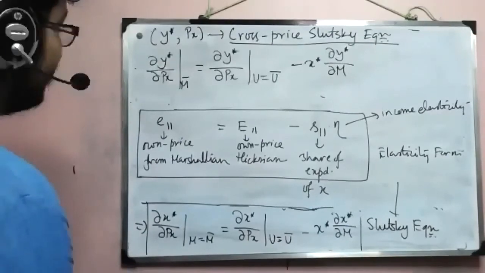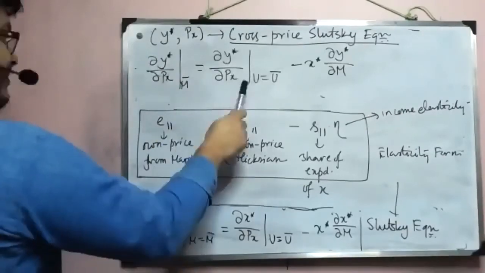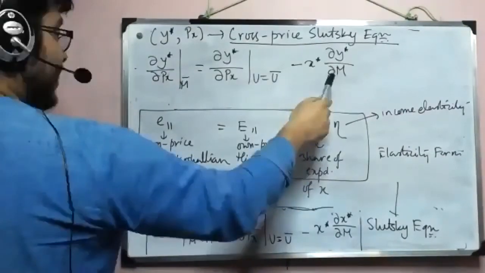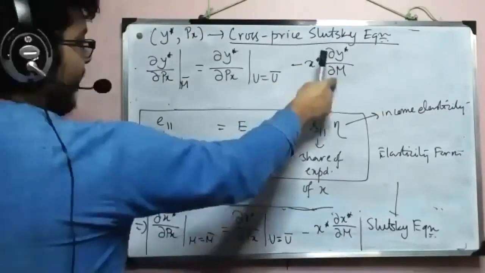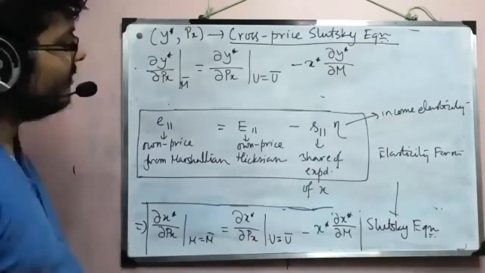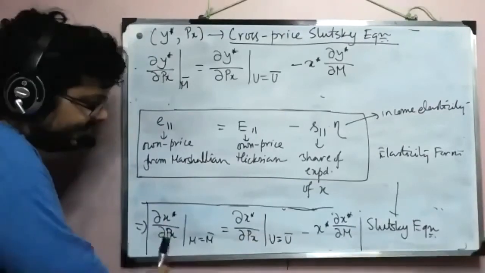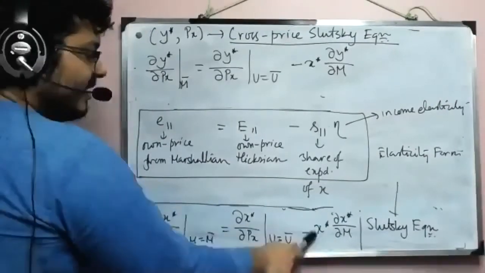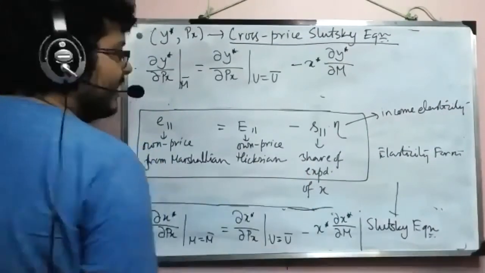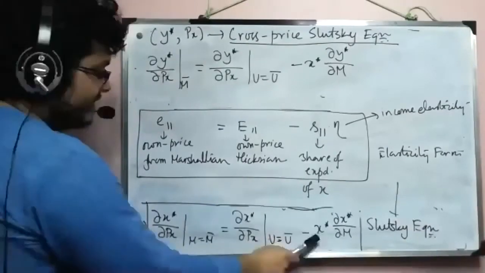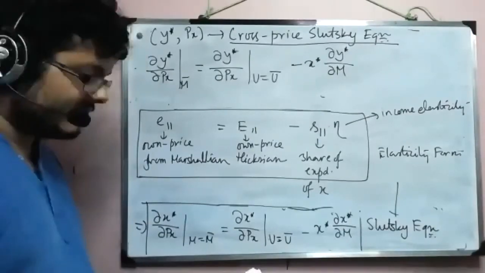So this will be cross price elasticity of Y from Marshallian, this will be from Hicksian, and just like before, here it will be share of expenditure of X, and this will be income elasticity of Y. Okay, so as long as I'm considering a change in Px, X star remains here undisturbed, and share of expenditure of X also remains undisturbed. If I change Px to Py, this changes to Y star. Otherwise, the whole thing changes symmetrically.